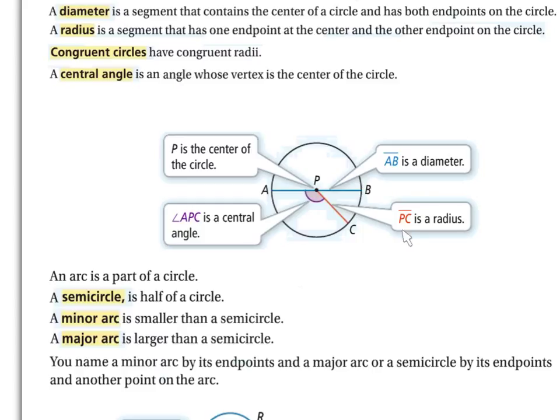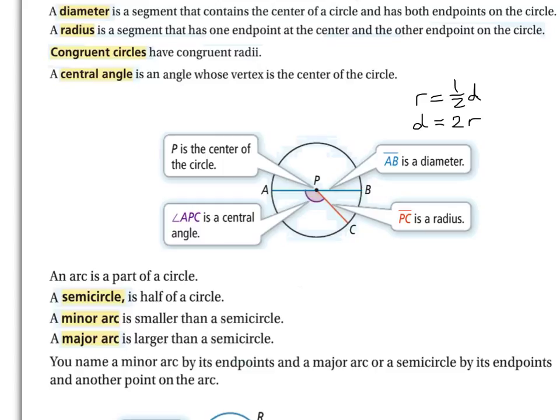So PC here is a radius. It starts at P, in the center, and goes to the outside of the circle. So a radius is half of the diameter. Maybe you want to put something in here: a radius is 1/2 of the diameter, or the diameter is 2 times the radius.